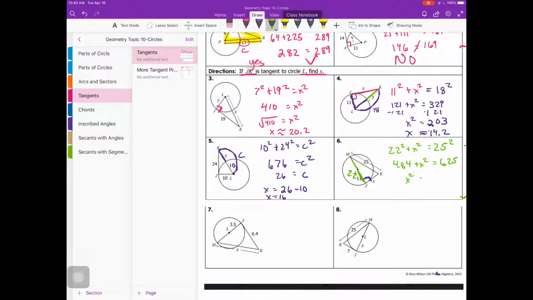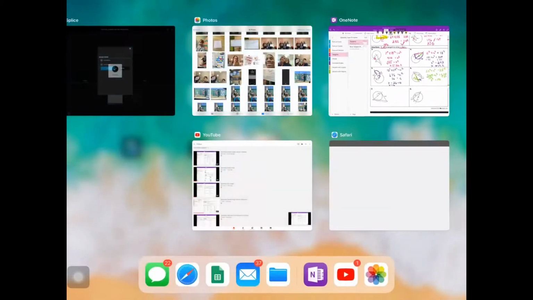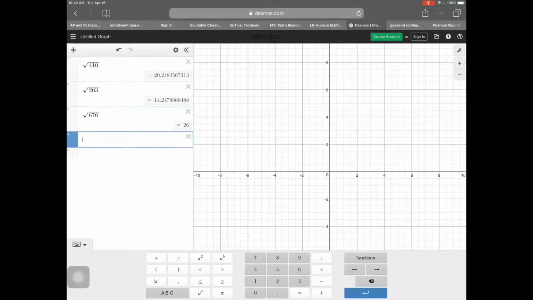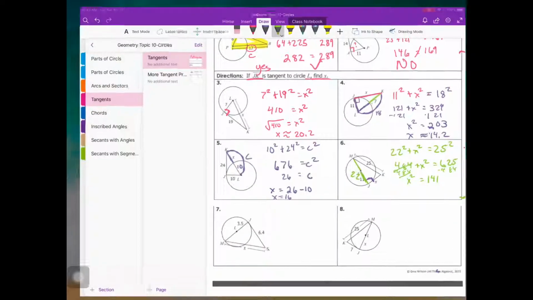And x squared is going to be 141 because we subtract 484 from both sides. So now we're going to take the square root of 141. We get 11.9 approximately.